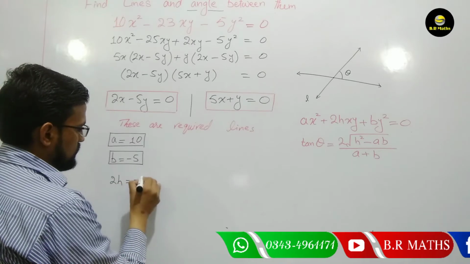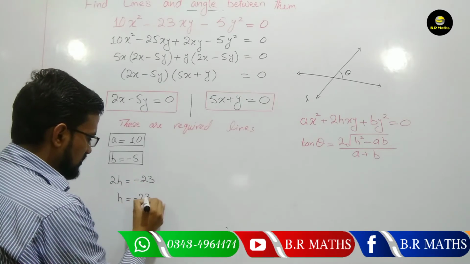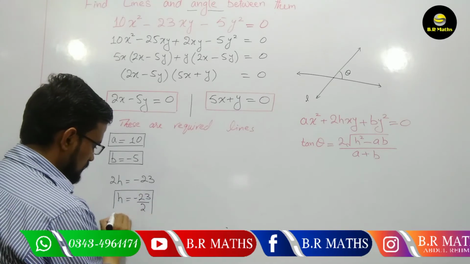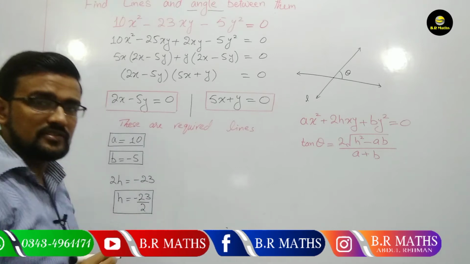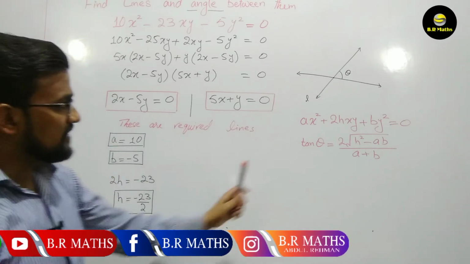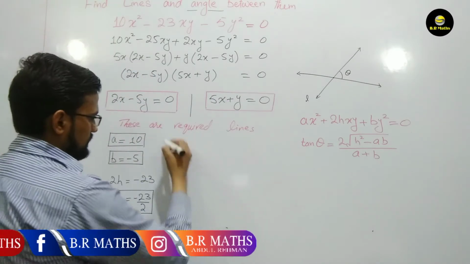So 2h is equal to minus 23, and h is minus 23 divided by 2. These are the three values. Next, apply this formula.